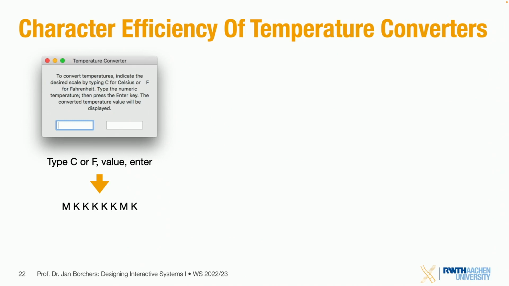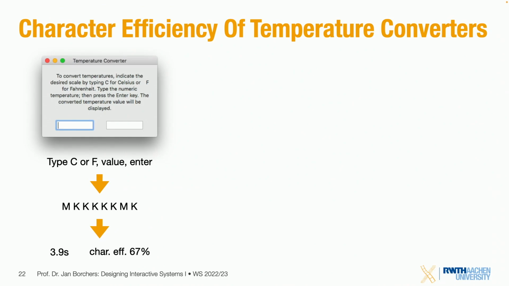That means I have this sequence, the M in front of the first key. Then I have my 1, 2, 3, 4 keys of the value, and then I have the mental preparation for the Enter. This would take 3.9 seconds. You can do the math, but this is basically what comes out of this.